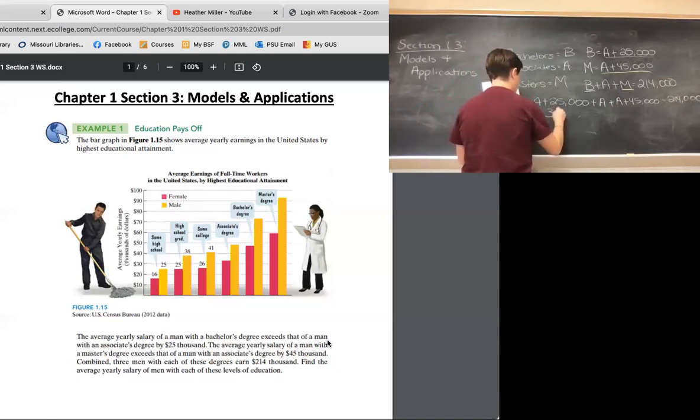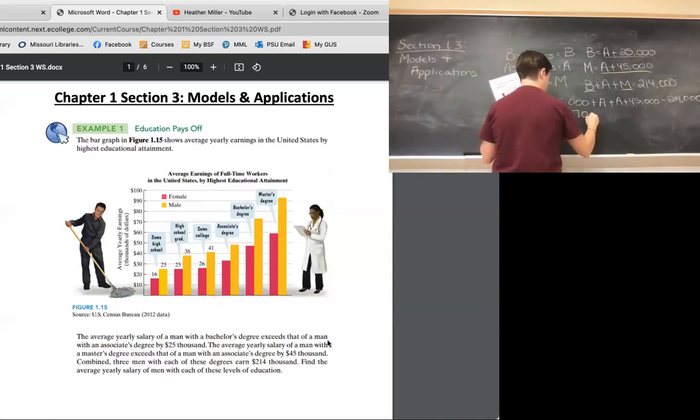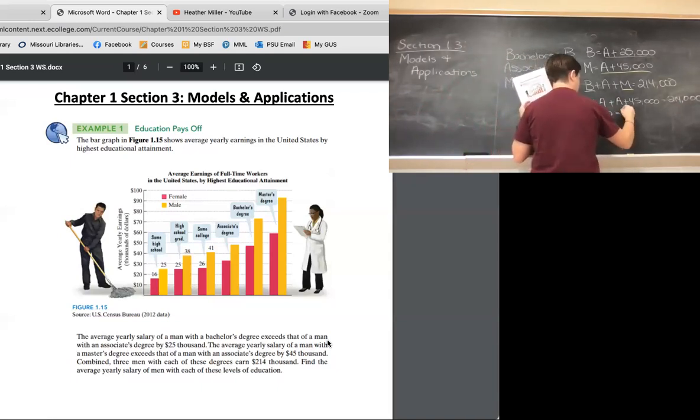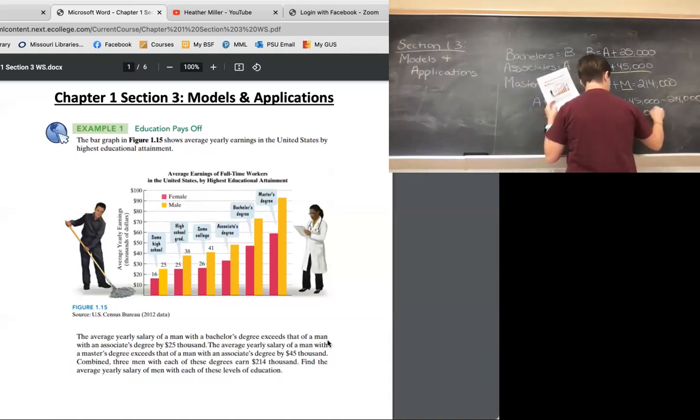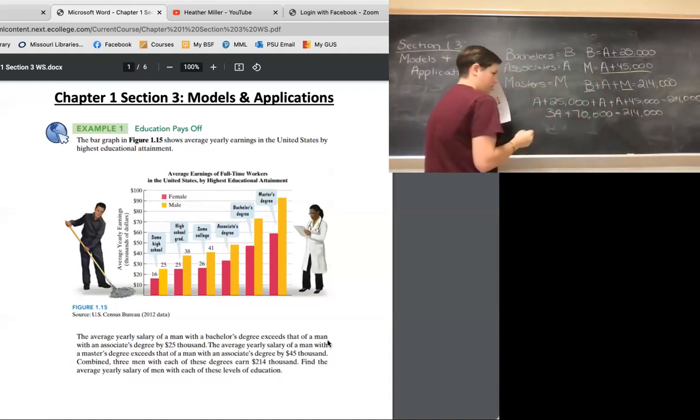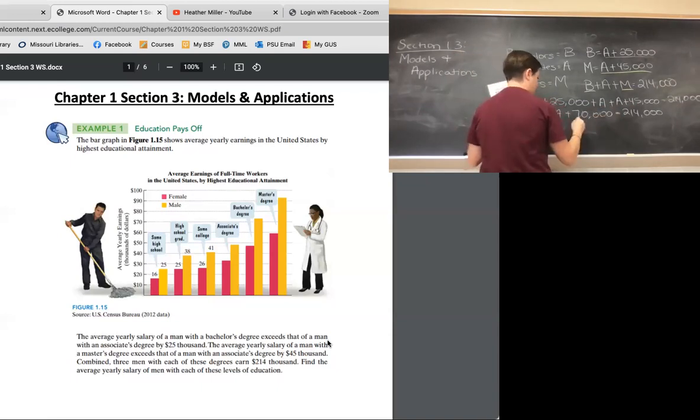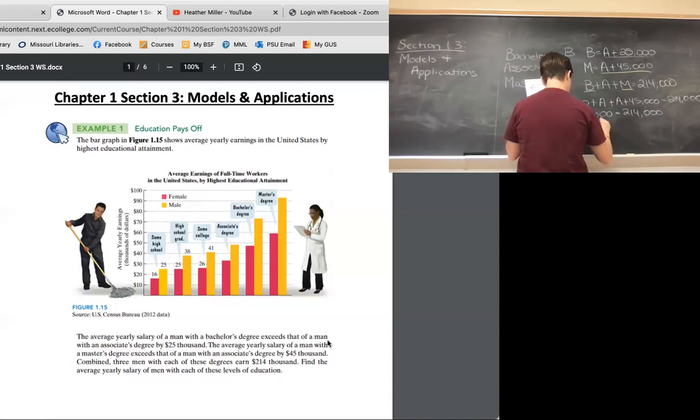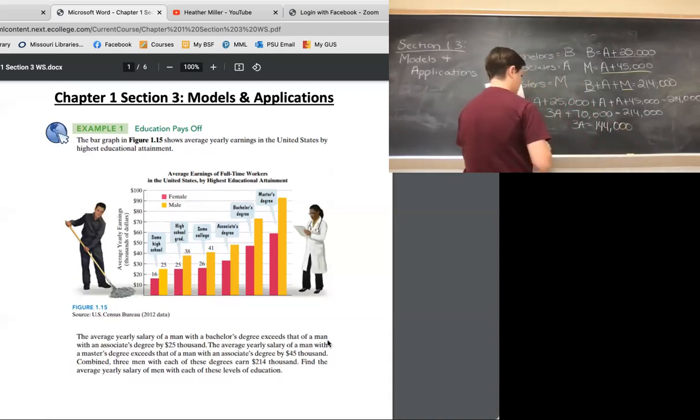Now let's combine our like terms on the left. So we get 3A plus 70,000 equals 214,000. Subtract my 70 over, I get 3A equals 144,000. Divide both sides by 3.